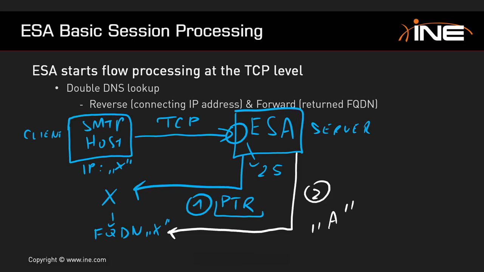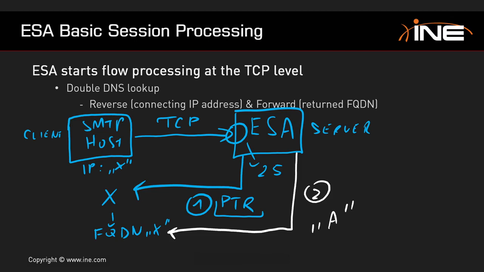You will see a lot of examples where the IP address is mapped to an FQDN, let's say 1, but when you do the address lookup on the FQDN, you will get a different IP address. So something like this could potentially happen, and because of that, we do the lookup in both directions.